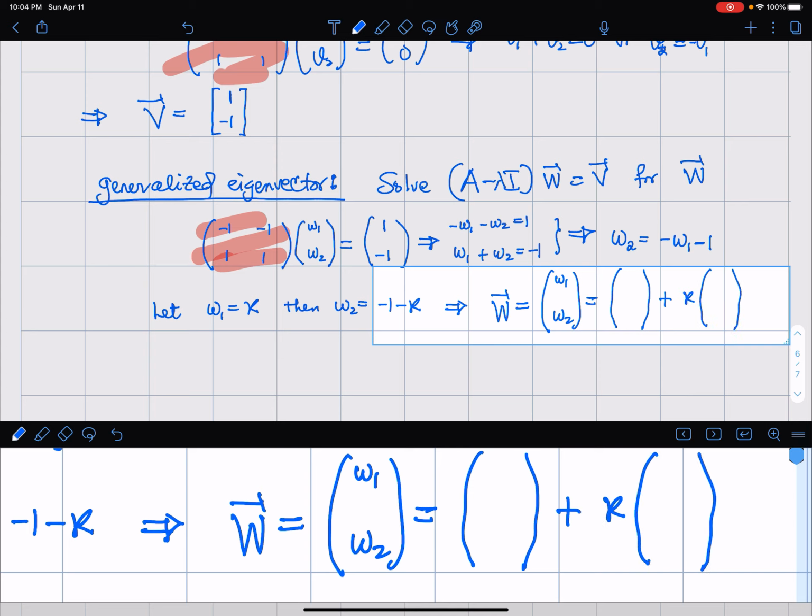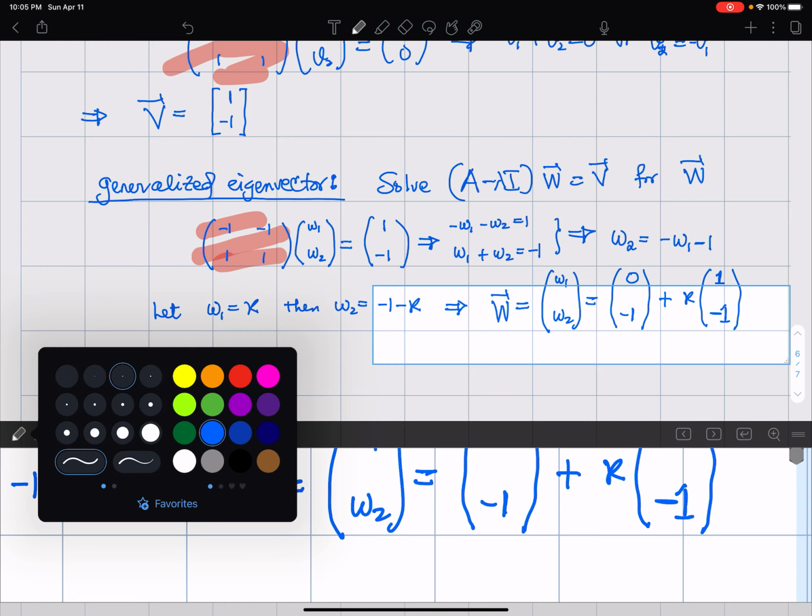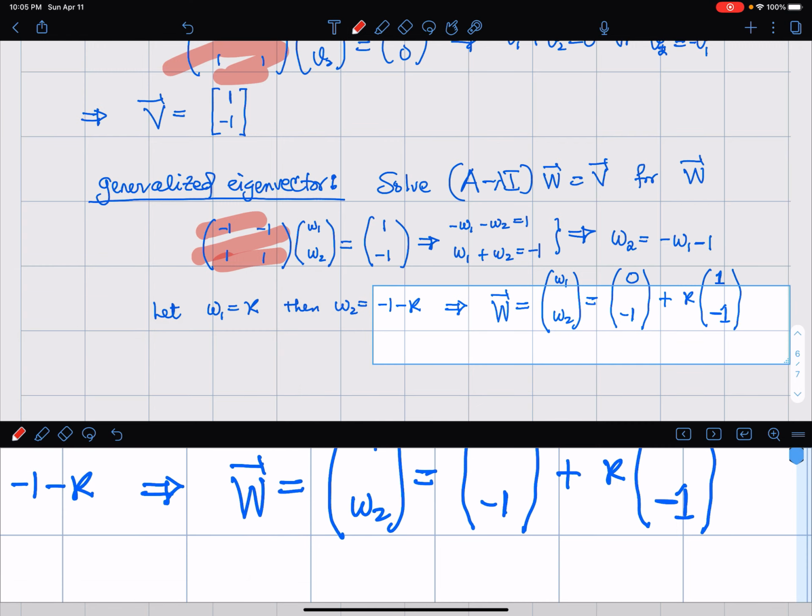W1 is K, so that's 0 plus 1 times K. That's how I'm going to write it. And W2 is negative 1 minus K, so I'm going to put negative 1 here, and then negative 1 times K. One thing I want you to notice is that this right here is our V.